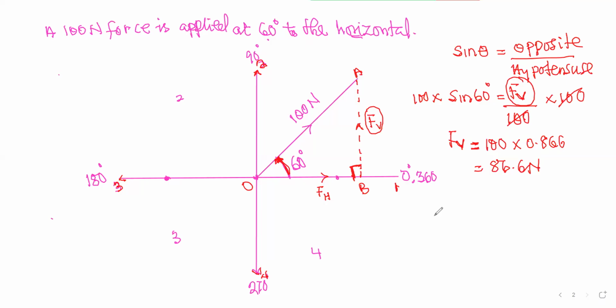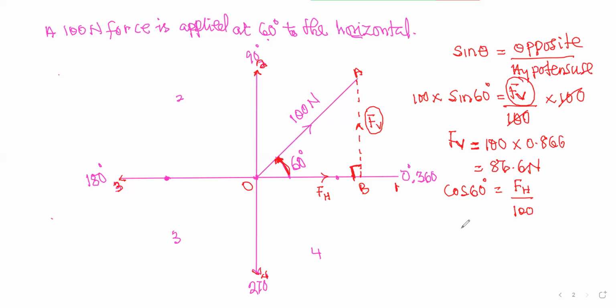Then the horizontal component, which is FH. Of course, the appropriate trig ratio will be cos 60 degrees, and cos is adjacent, FH, over hypotenuse, 100. Class, are we following? Yes, sir. Good.